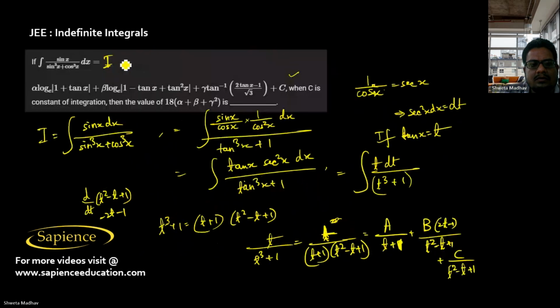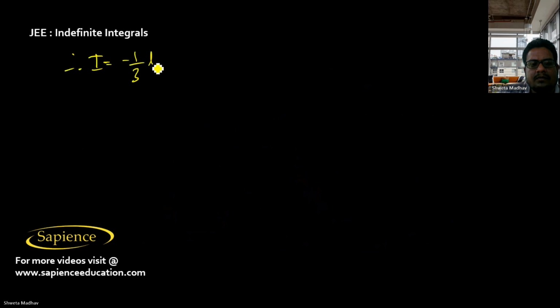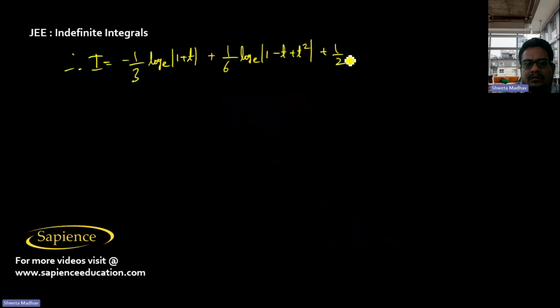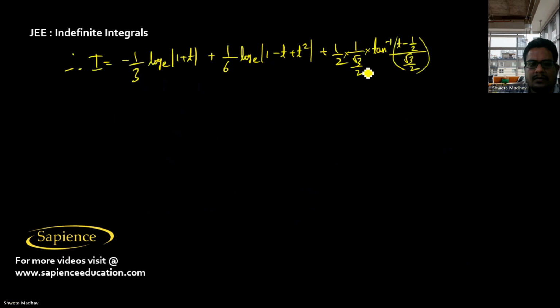So now, therefore, this integral I, we can write as minus 1 by 3 log base e mod of 1 plus t, plus 1 by 6 log base e mod of 1 minus t plus t square, plus half into 1 by a, so 1 by root 3 by 2 into tan inverse of t minus half by root 3 by 2. So this will cancel out.